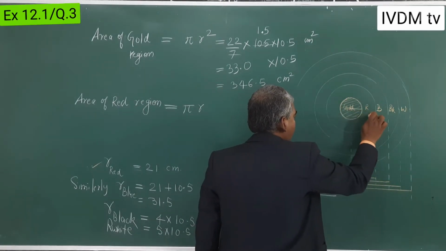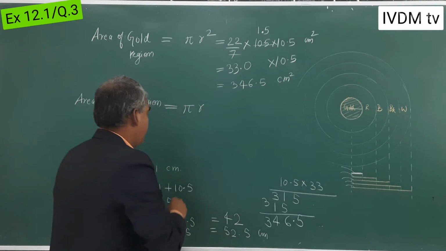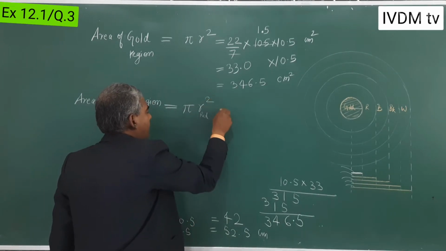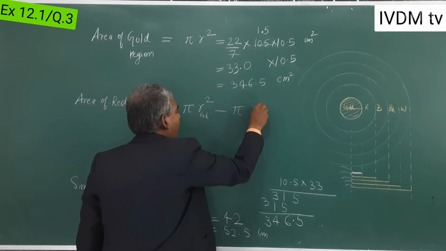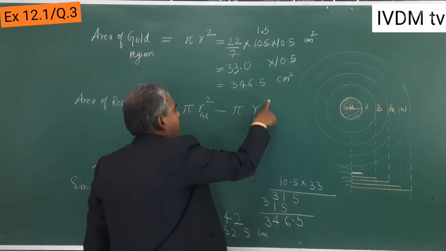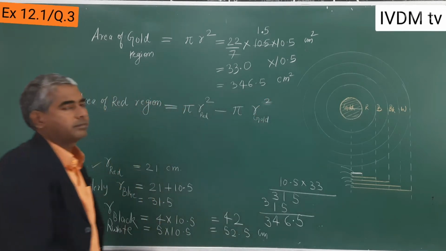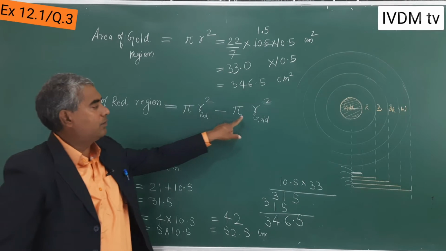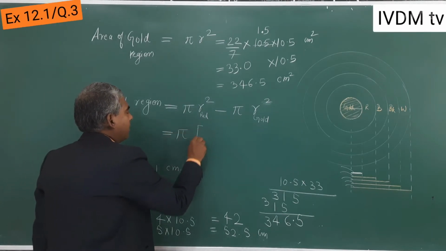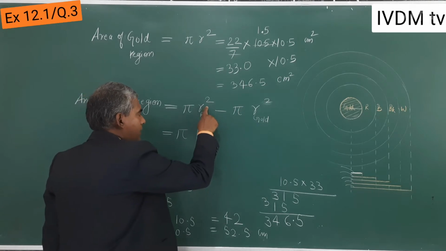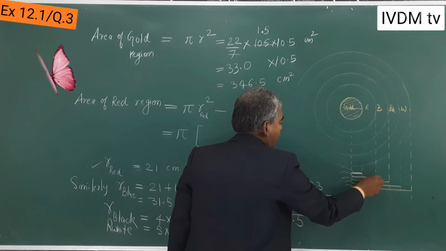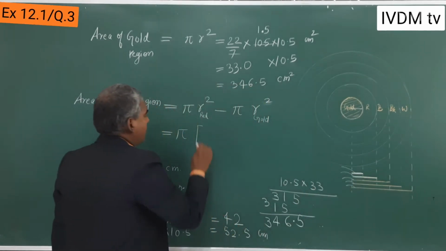So pi r square of red minus pi r square of gold. This area minus this area. So take pi as common, then r square of red, the larger one, minus this.